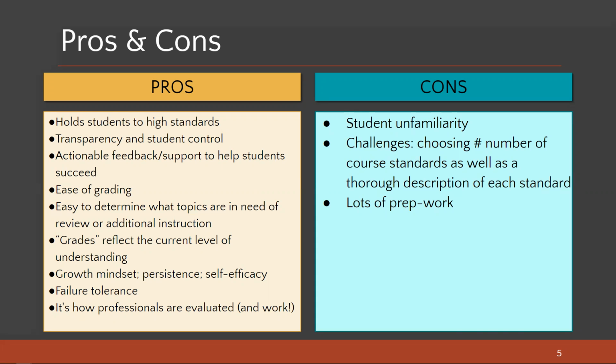But it takes a few tries for them to think, well, wait a minute, I can redo this and improve my grade. And it's like, yes, you can. And once that happens a couple times, that's when it starts sinking in. But they are initially somewhat nervous because I don't think any of my students have ever seen this type of grading before.